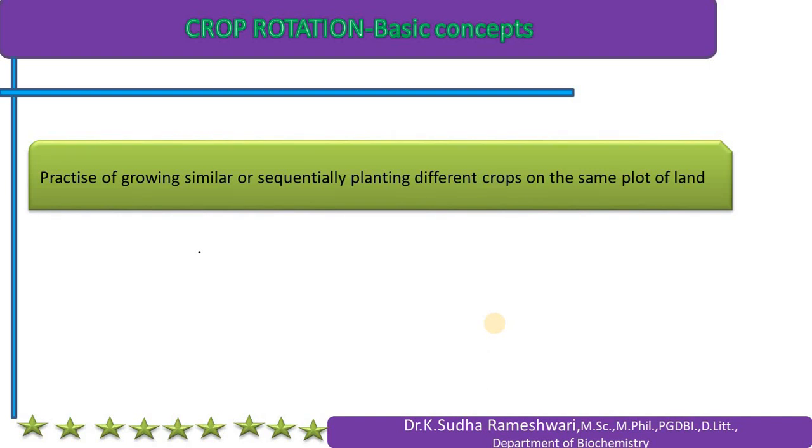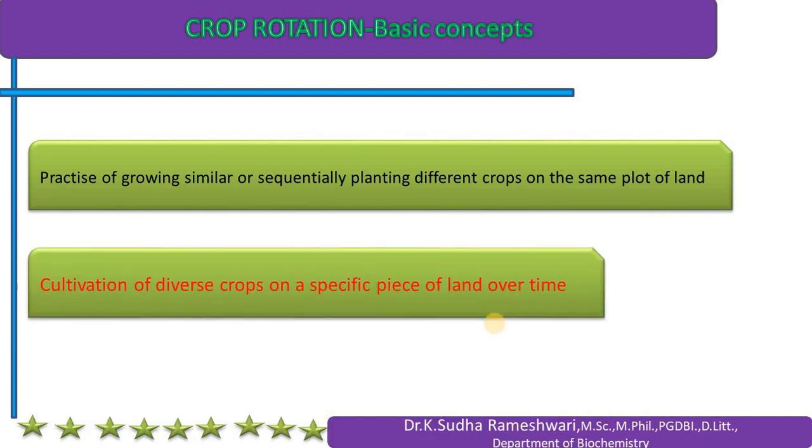Crop rotation is the practice of rotating crops, or sequentially planting different crops on the same plot of land. This rotation improves soil health, optimizes soil nutrients, and combats pests and weeds. Farmers seek to plant consecutive crops that complement each other.